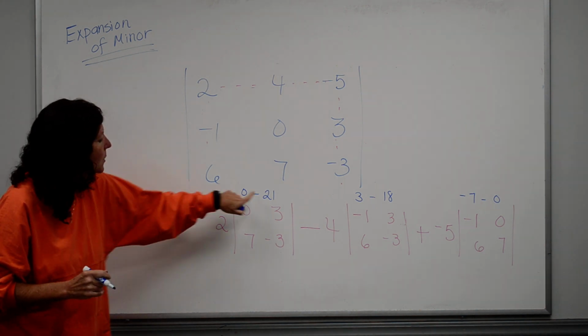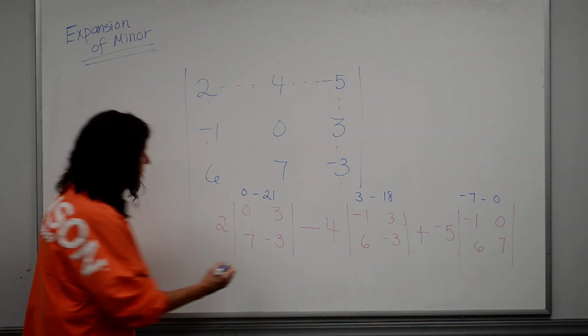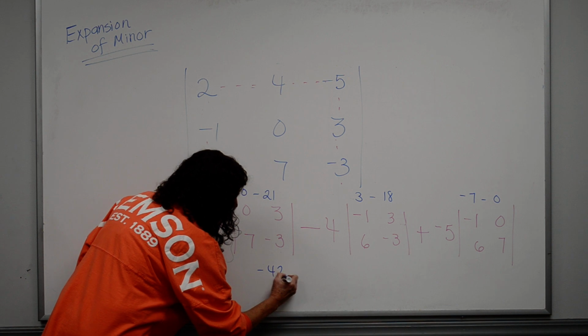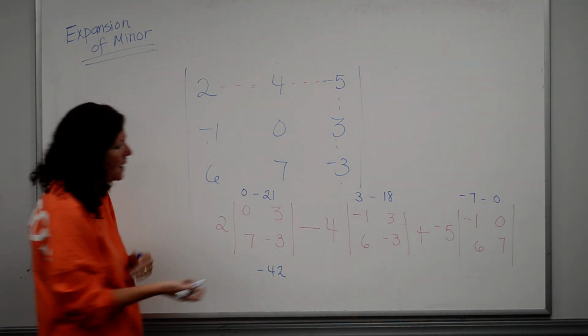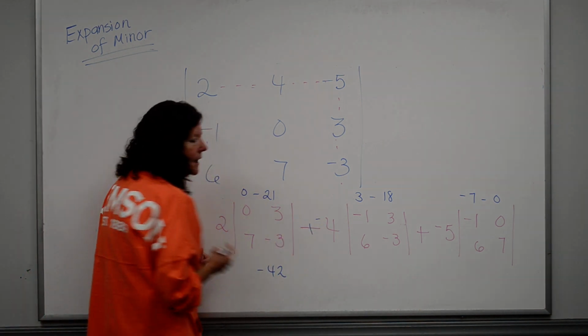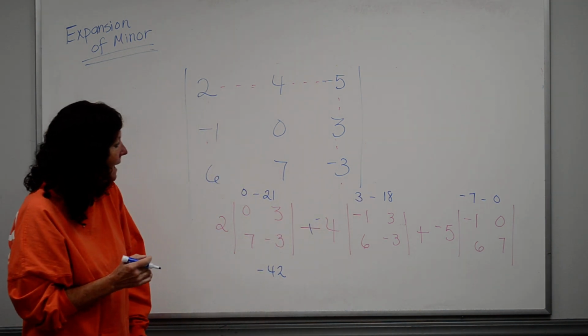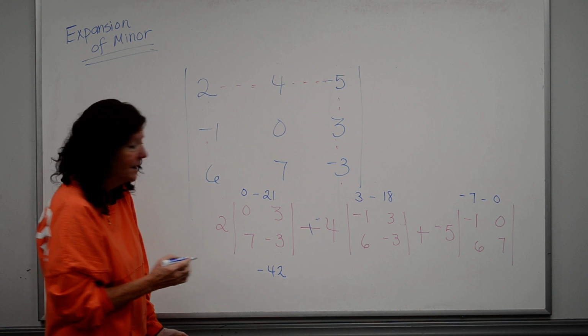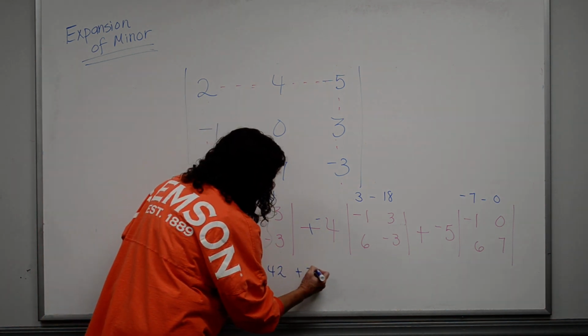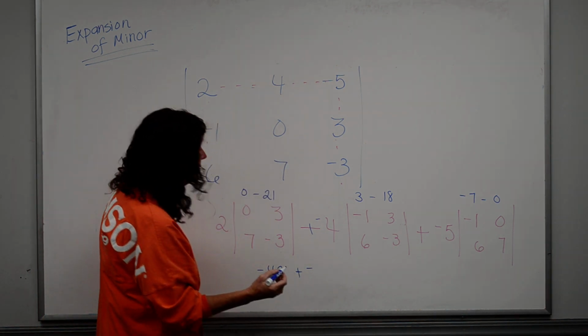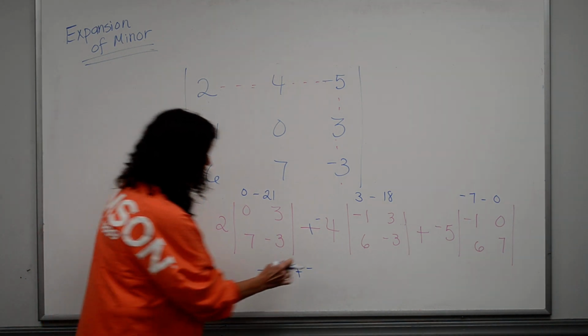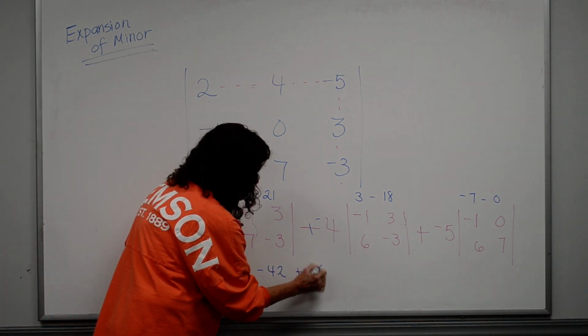Then I have 2 times -21, which is a -42, right? I'm going to go ahead and add the opposite of my second number there. So I have a -4 times a -15. That's going to give me a negative, actually a positive, 60. I believe that's right.